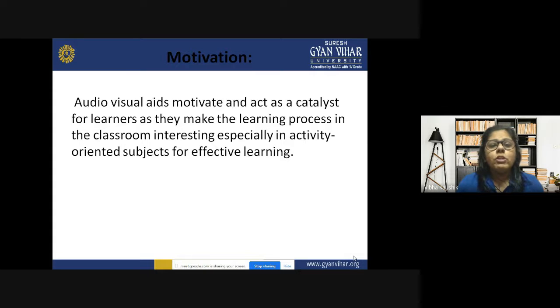Motivation: audiovisual aids motivate and act as a catalyst for learners, as they make the learning process in the classroom interesting, especially in activity-oriented subjects, for effective learning.